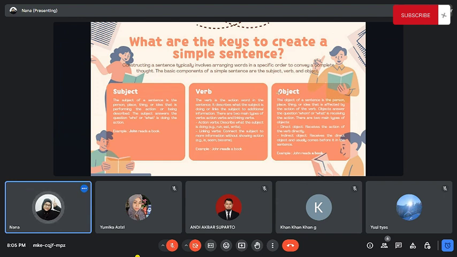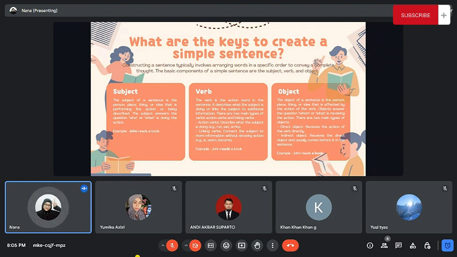Okay, the third key point is object. The object of a sentence is the person, place, thing, or idea that is affected by the action of the verb. The object answers the question whom or what is receiving the action. There are two main types of objects, which are direct object and also indirect object.